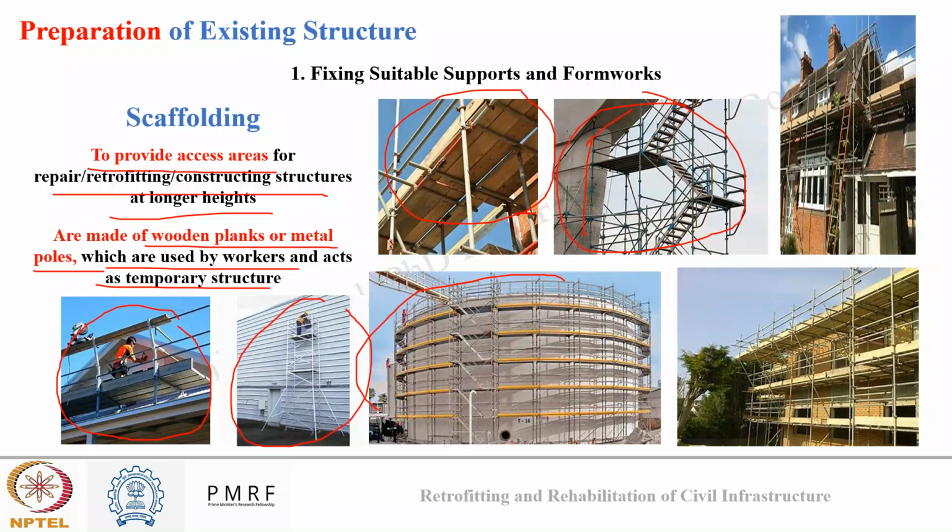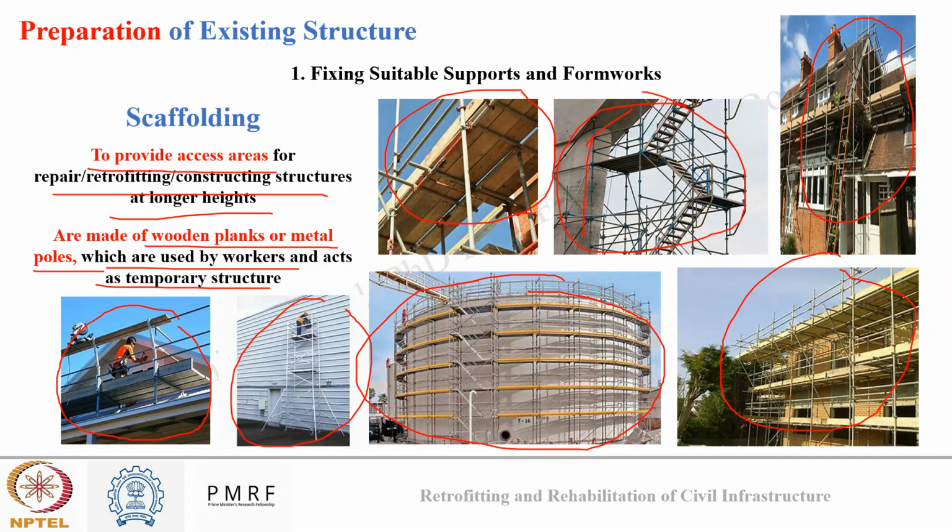Here you can see again steel and wooden combined scaffolding being carried out across a water tank for some repair or construction work. Here also you can see steel pipe scaffolding all across a house, and here also you can see wooden and steel scaffolding across a residential building.